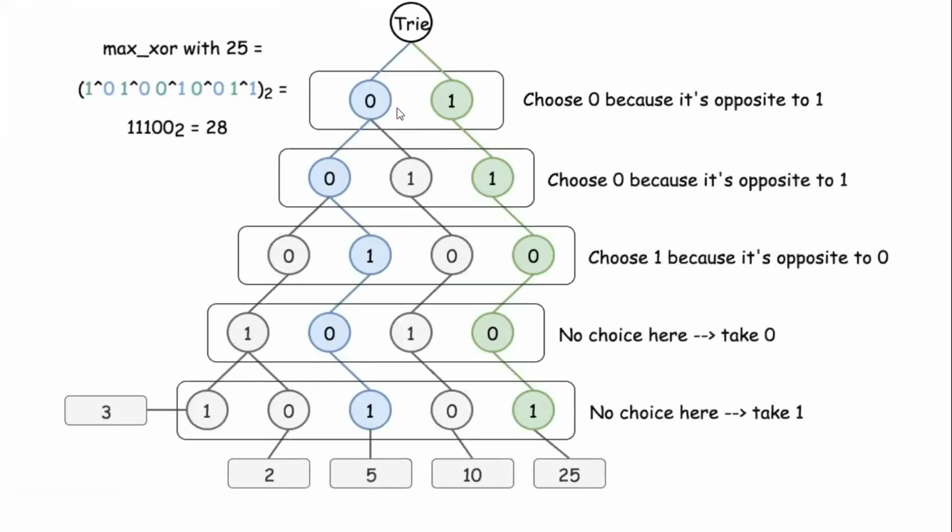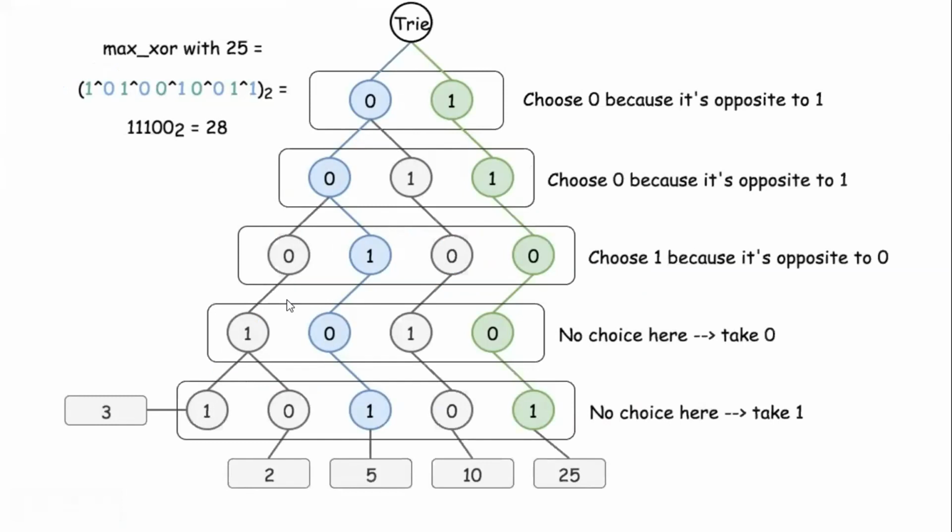Here in our case, just to understand, I have taken only 5 bits of representation. But when we come to the implementation part, we'll be considering the full 31-bit representation. So for 3, before these 2 ones, we'll have around 29 or 30 bits.